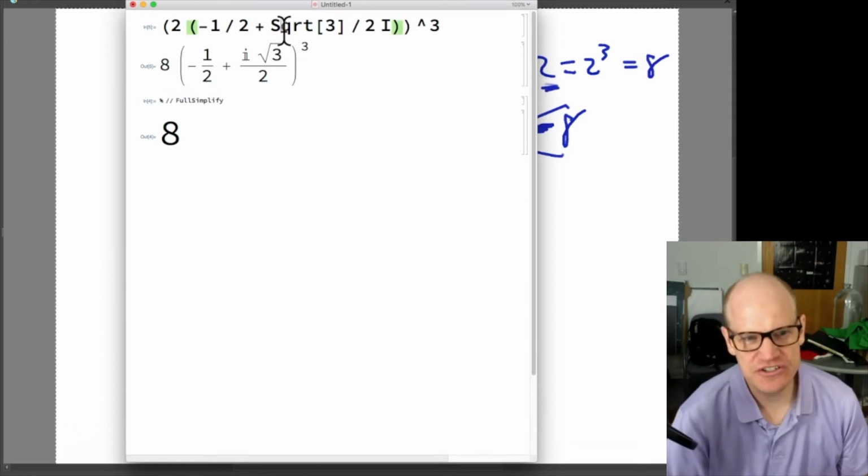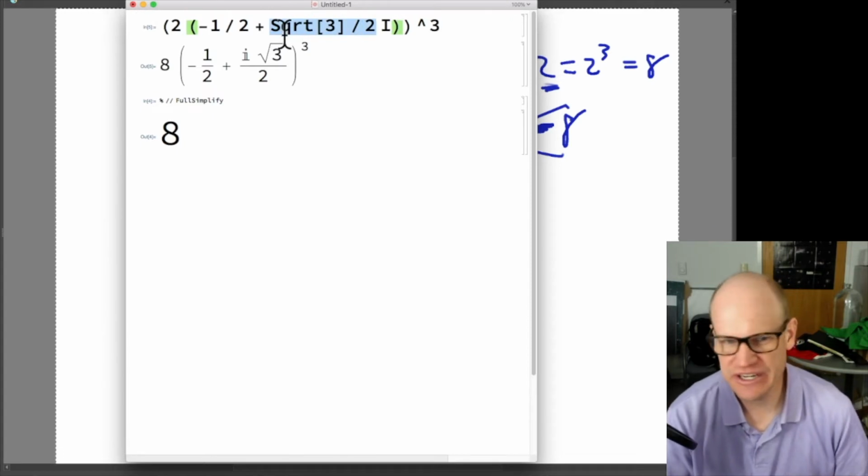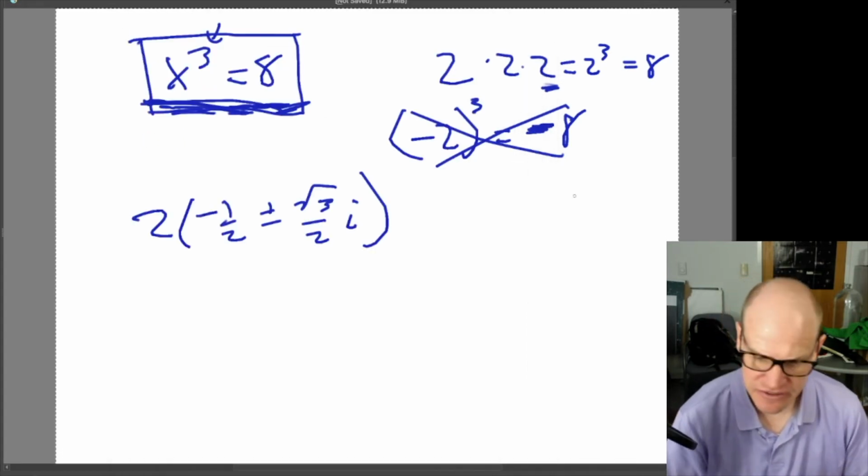Now, how did I know that this was here? I know that this is here because of trigonometry, and we haven't gotten to trigonometry, but we'll get there eventually.